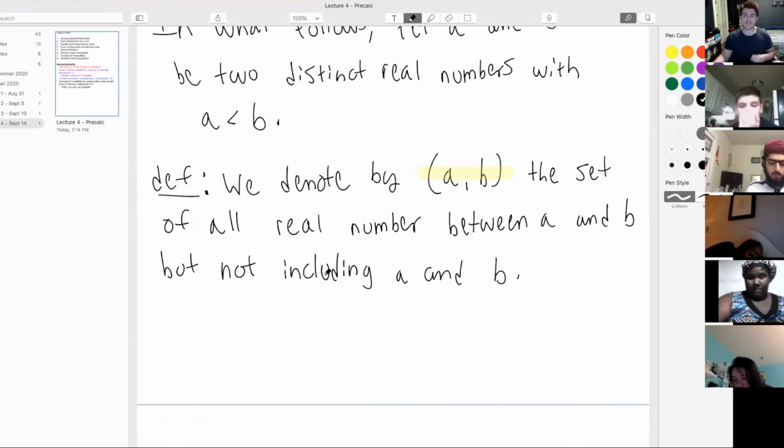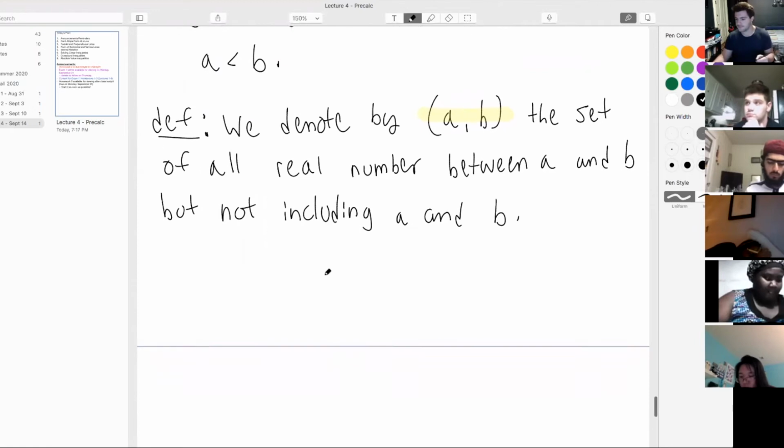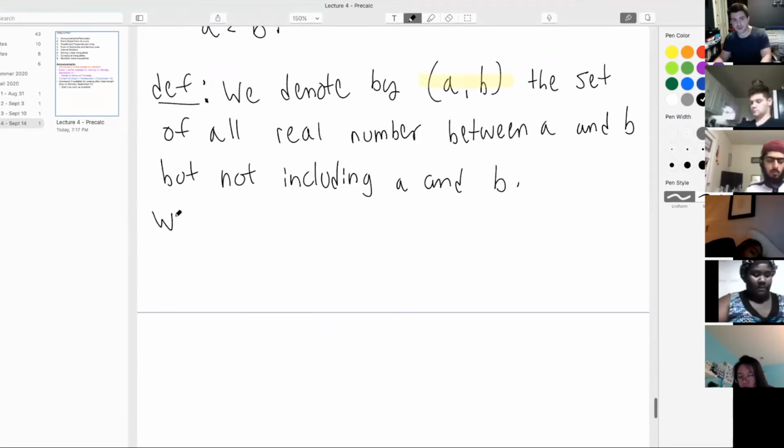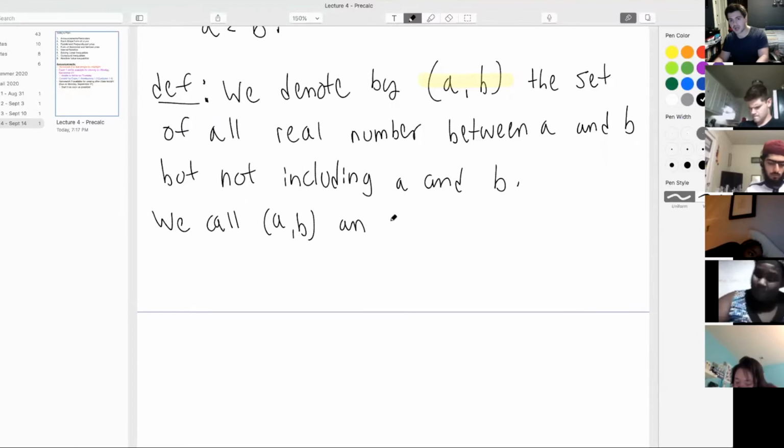It does look very similar to our XY coordinate pair, but its meaning will be obvious upon context. In the context of the situation, you'll know whether this means a coordinate pair or interval notation. Some terminology: we call A comma B an open interval.